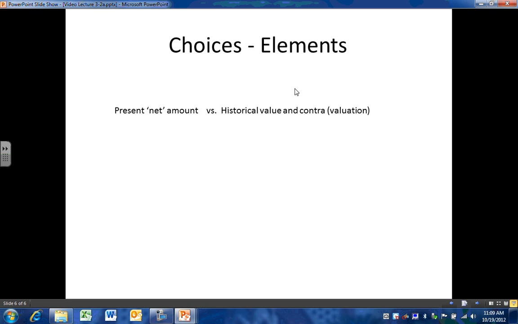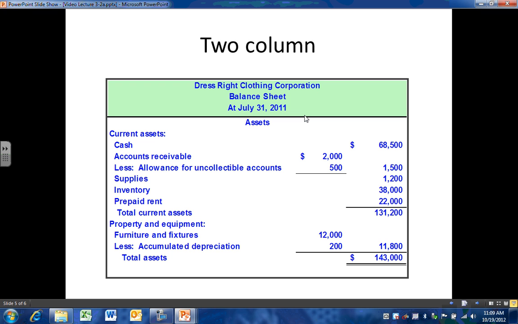And there are other choices in formatting we can make. Almost all public companies present only the net amount versus placing the historical amount and then the contra or valuation account with it, which reduces it to its carrying value, which is what we saw here in the two-column format.